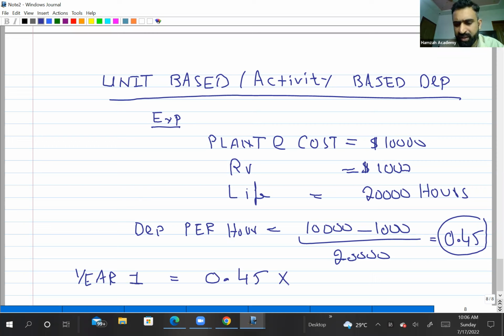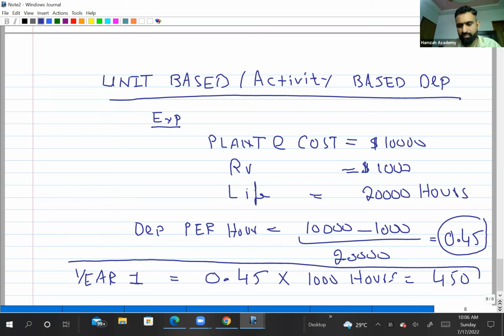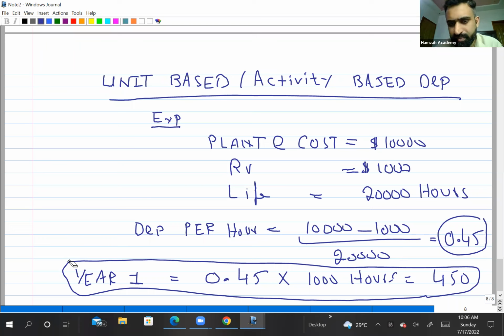And let's assume in year 1 we have consumed 1,000 hours. So the depreciation for the first year will be $450. Okay. This is the activity based depreciation or unit based depreciation.